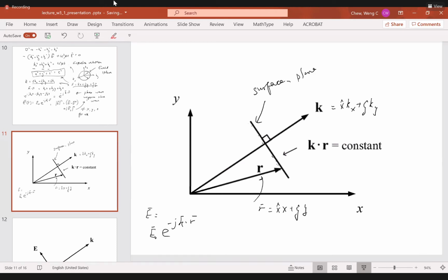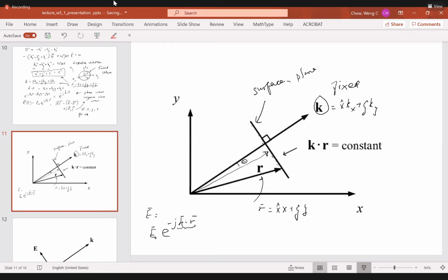k is fixed, and then change your r. If you take the position vector and dot with k, it depends on the cosine of that angle. But then it's just the k component of this position vector r. So k dot r is always a constant. If you make k dot r a constant, then this phase, this thing in the exponent, is always a constant along this plane.